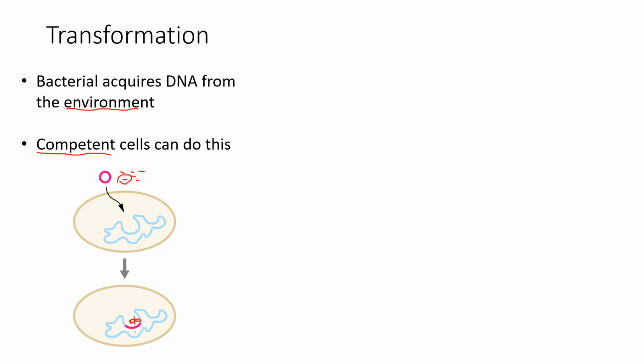Maybe the cell got lucky and this piece of DNA that it took in codes for an enzyme that gives it antibiotic resistance. Well, now when this cell undergoes DNA replication and transcription and translation, it now gets that enzyme that makes it resistant to penicillin, maybe. So this is a pretty snazzy process.